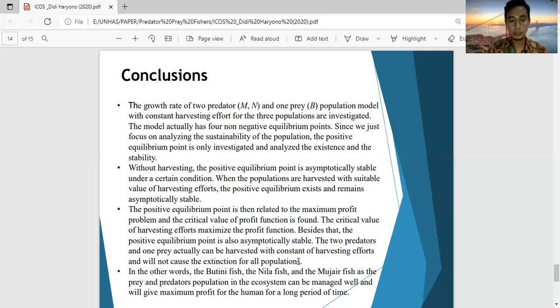Without harvesting, the positive equilibrium point is asymptotically stable under a certain condition. When the populations are harvested with a suitable value of harvesting effort, the positive equilibrium exists and remains asymptotically stable.